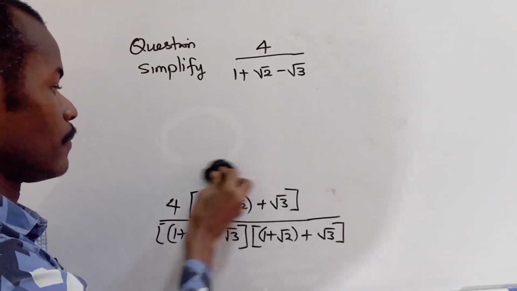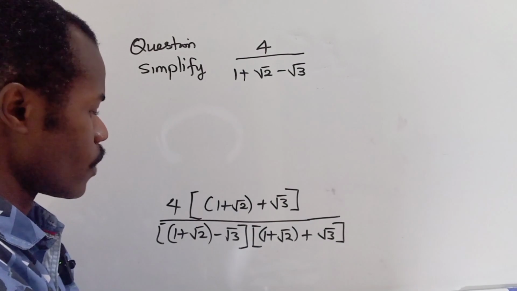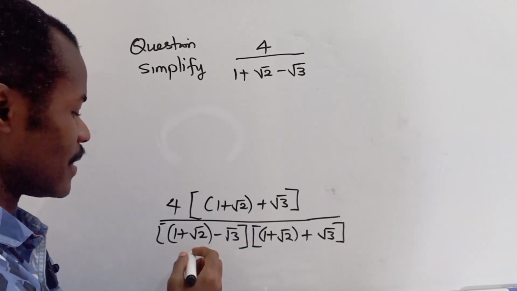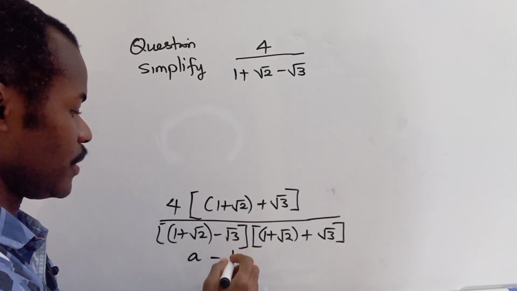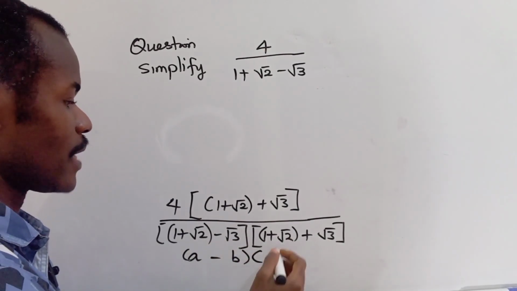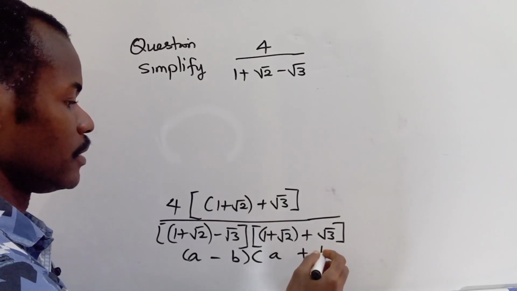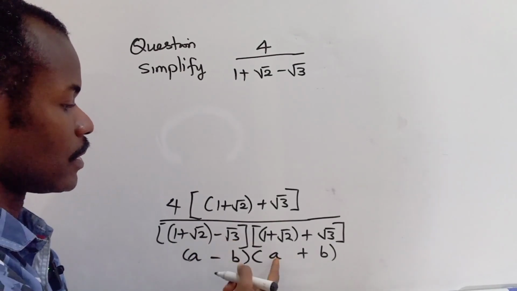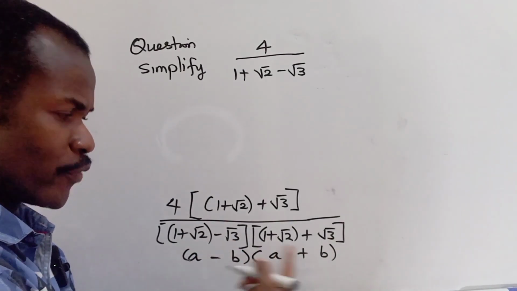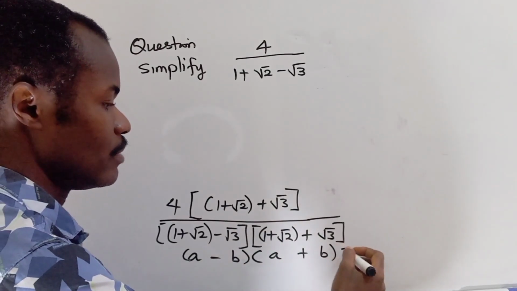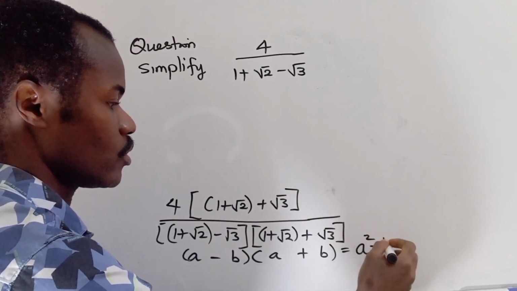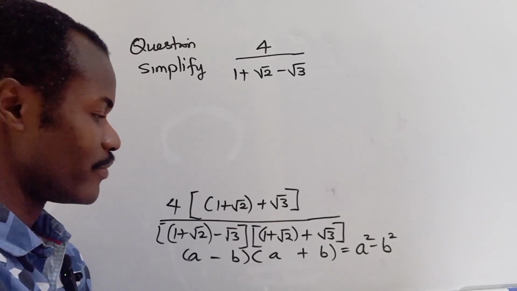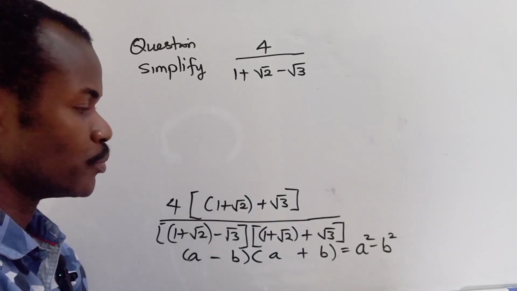I have to remember that if I have A minus B multiplied by A plus B, where A is this and B is this, it's simply the difference of two squares. We are going to apply the idea of the difference of two squares to the denominator.